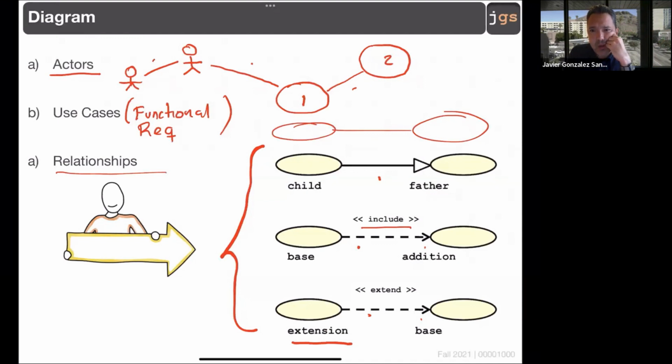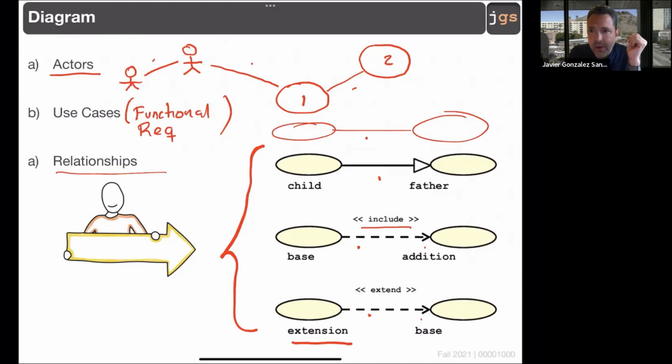Extend, include, inheritance, and the last one, use a line, the equivalent to association. Use a line is going to have one use only, and I am going to talk about that in the example. Association, the line. Inheritance, you know what inheritance is.